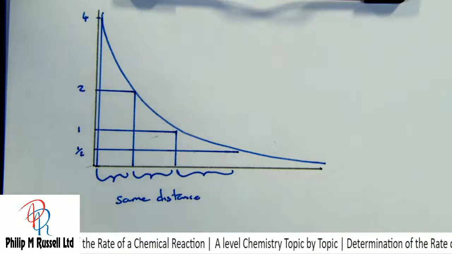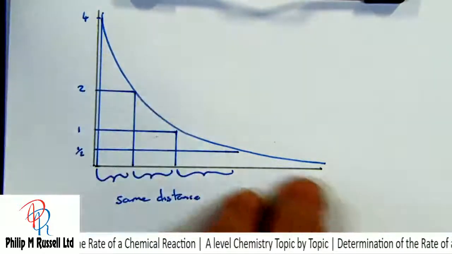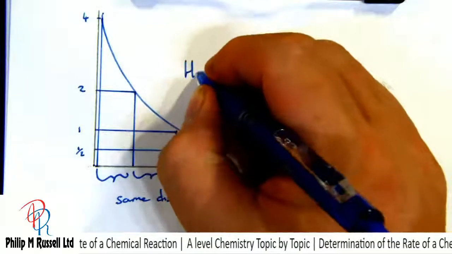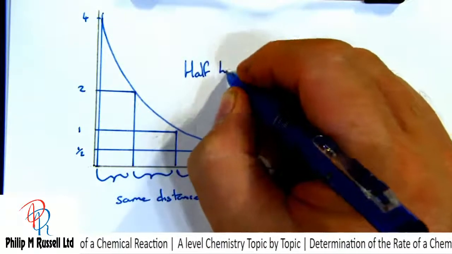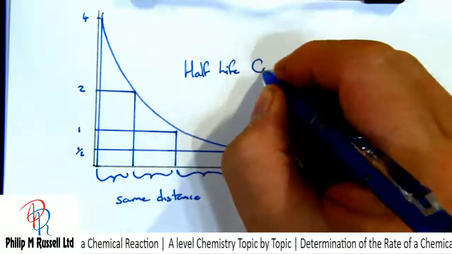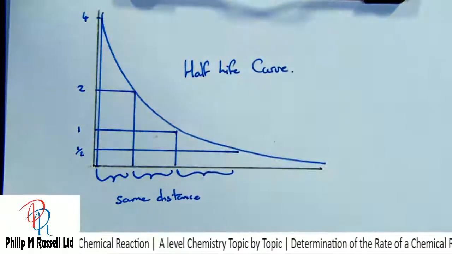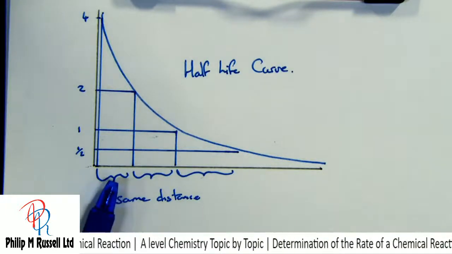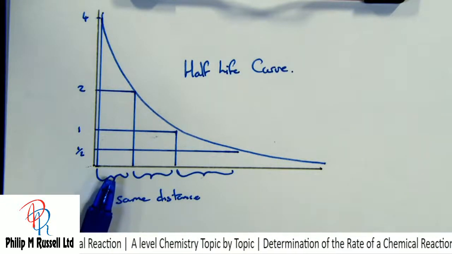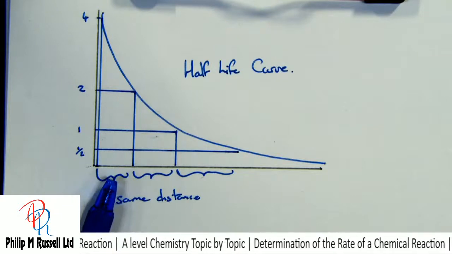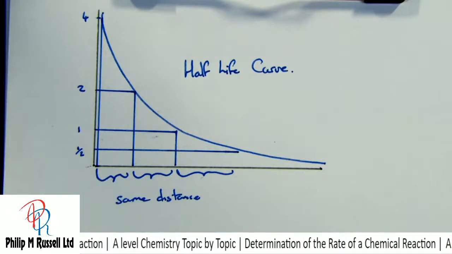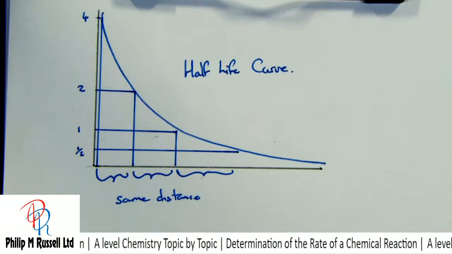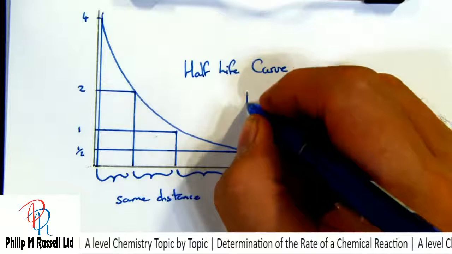So we've got the idea of this half-life curve. In a time, half of the amount of a substance will disappear, and this is going to be something like a first order reaction.